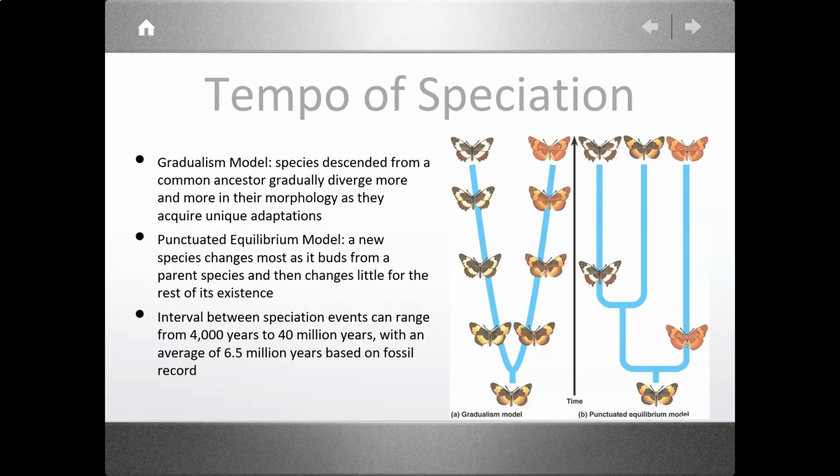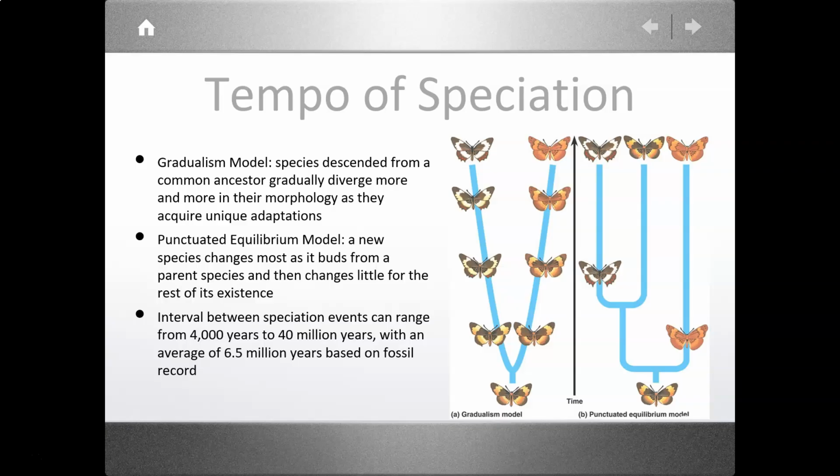Fast forward almost 100 years from Darwin to about the 1980s or so, and this idea of the punctuated equilibrium model showed up, where we've got these new bursts of change in species and then this relative stability over time. And that's what this idea is presenting, is that we get this branch point.